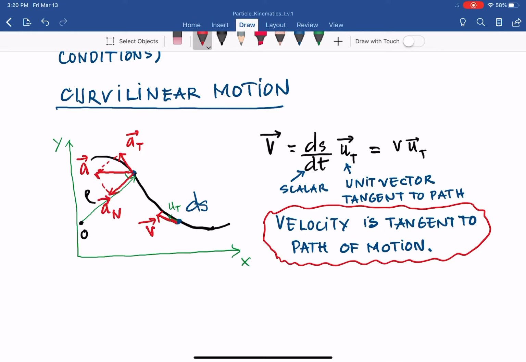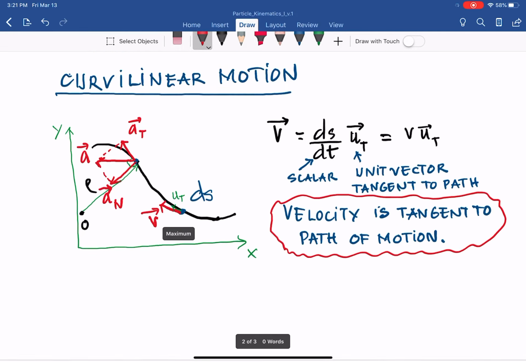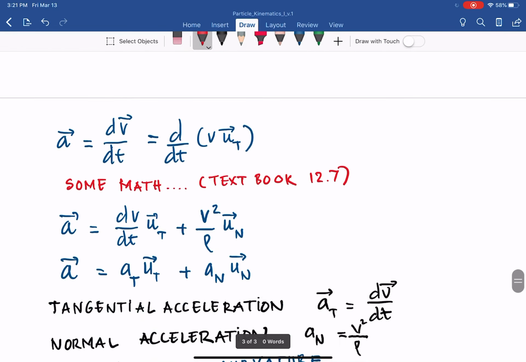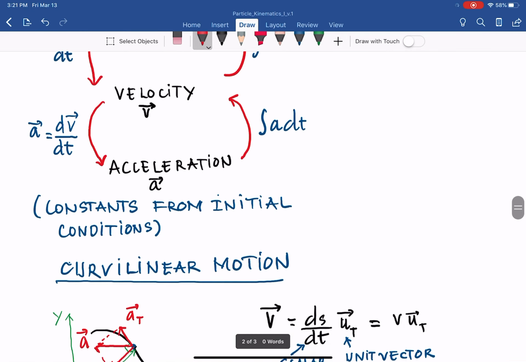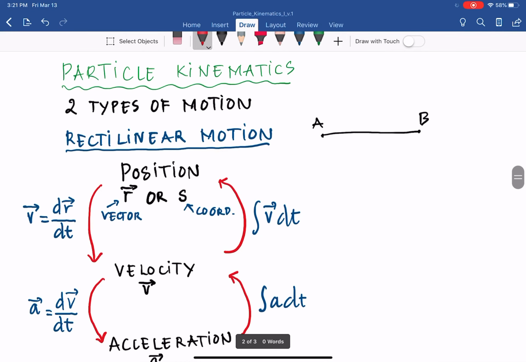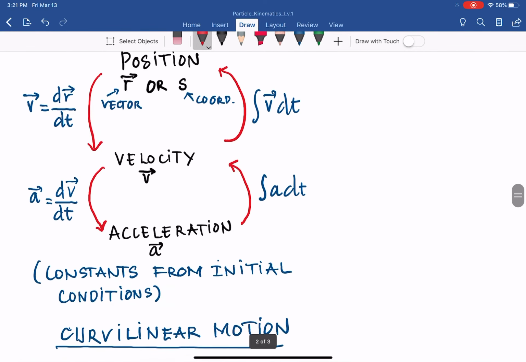So bottom line, the acceleration in curvilinear motion has two components: the tangential component, tangent to the path of motion, and the normal component, perpendicular to the tangent and directed to the center of curvature at that instant. At another point, it will direct to the center of curvature at that instant. With that, we cover the two types of motion in particle kinematics: rectilinear motion and curvilinear motion.